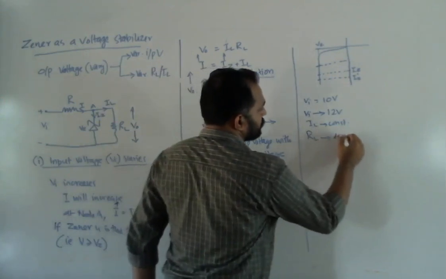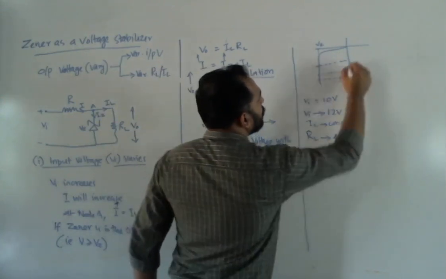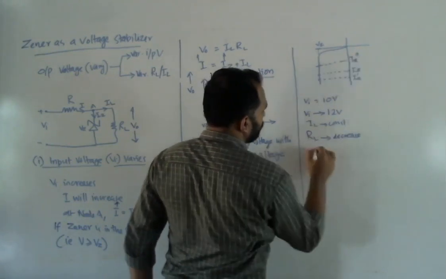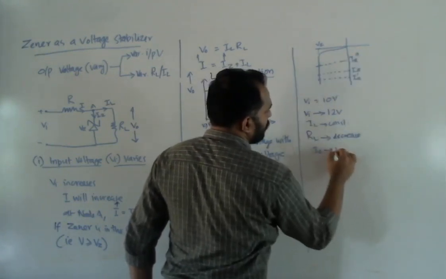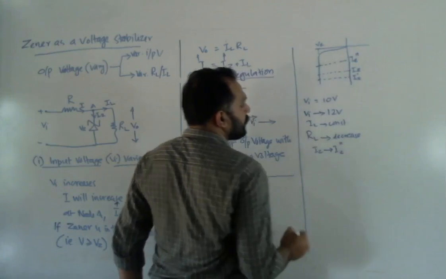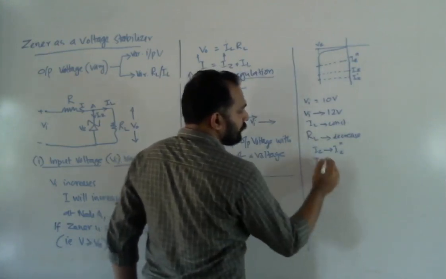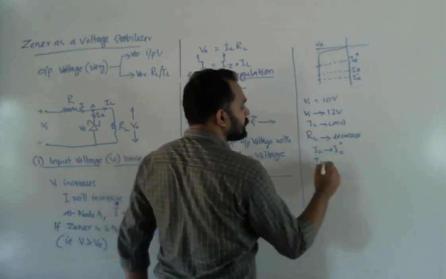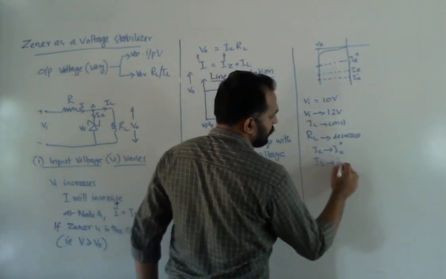So when RL is decreased, then Iz becomes Iz double prime, so this decrease in Iz will increase the IL.